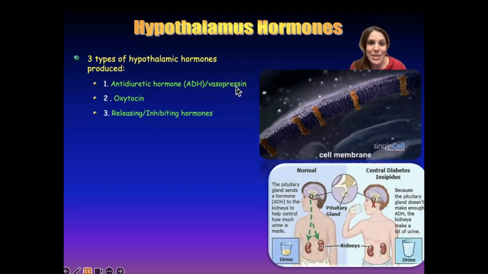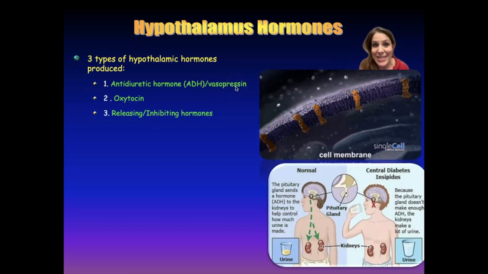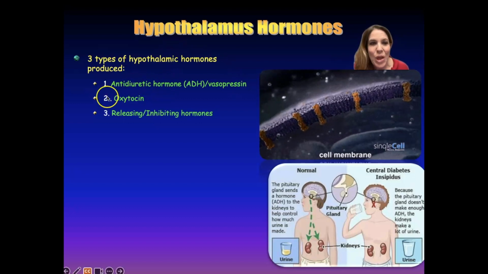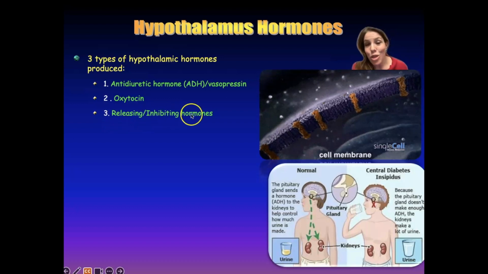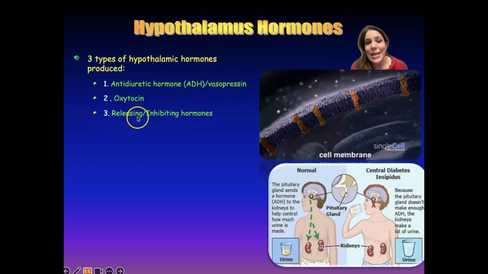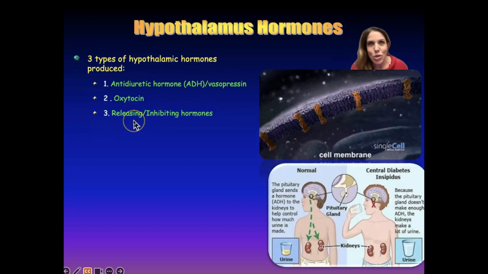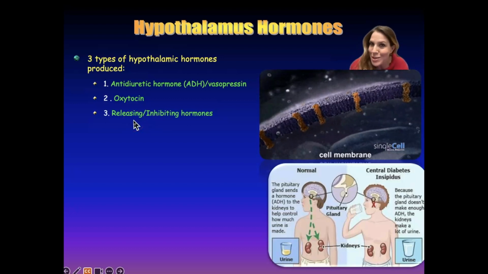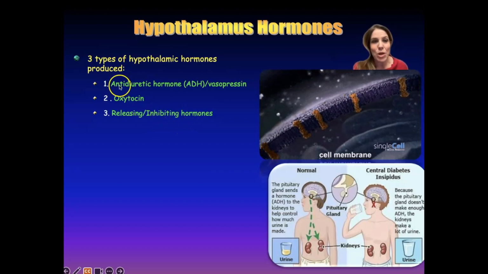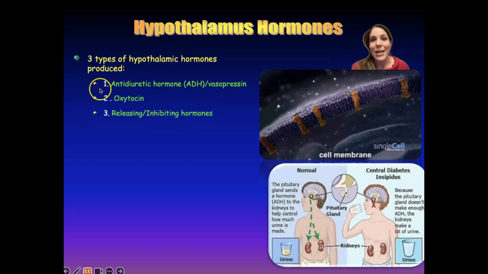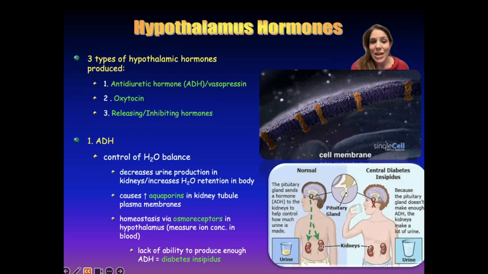So if you hear vasopressin, it's the same thing as ADH, antidiuretic hormone. We're also going to talk about oxytocin and a third group, which is releasing and inhibiting hormones. I guess you could consider that four groups actually, right? Releasing hormones, inhibiting hormones.